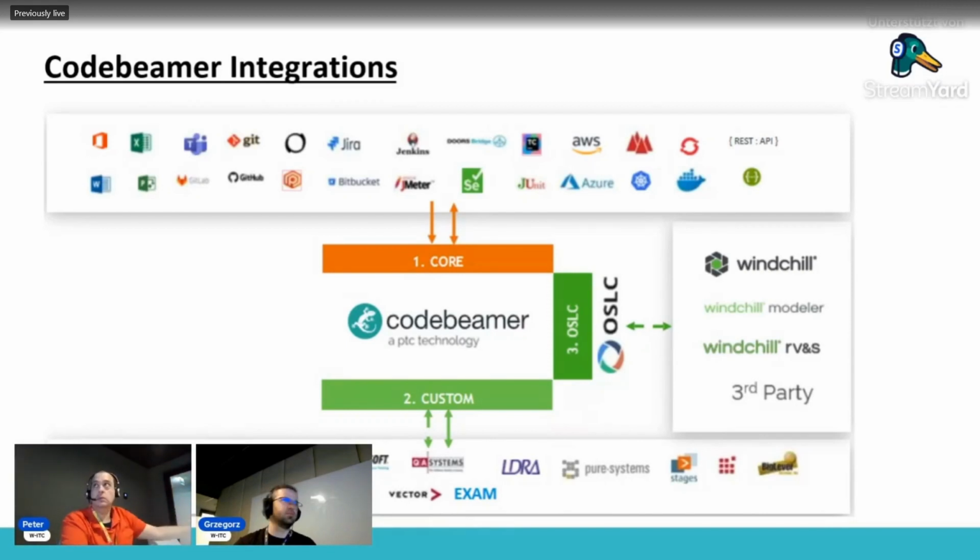For example, you can easily integrate it with other PTC software, like Windchill, but also there are a lot of core integrations with other software you probably use in your company, like Office tools, Jira, Git, AWS, Azure, and so on. These core integrations are really helpful because they are already integrated into Codebeamer, and they are maintained and developed by the PTC team.